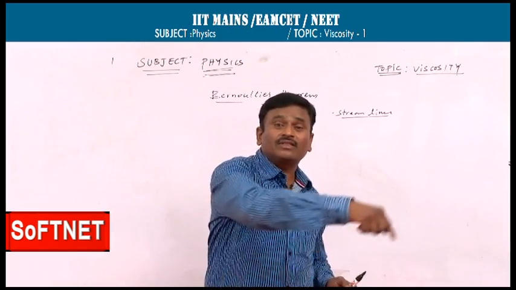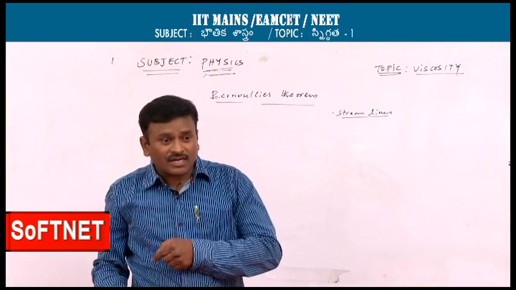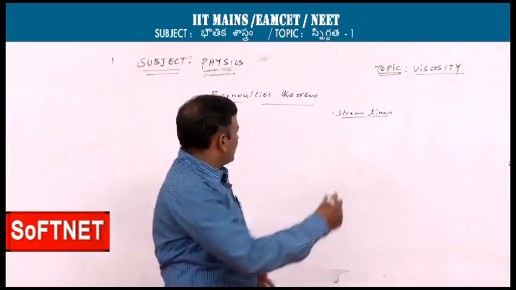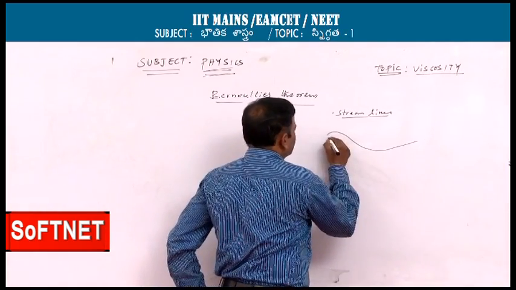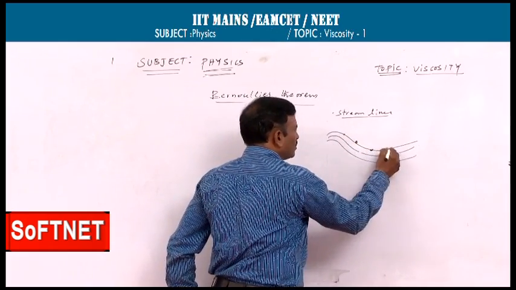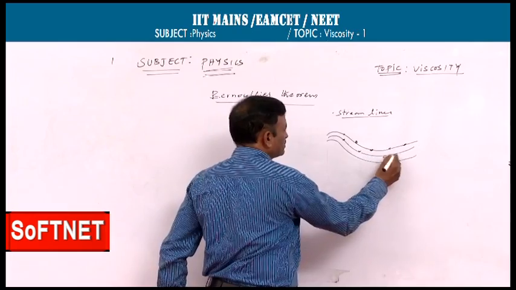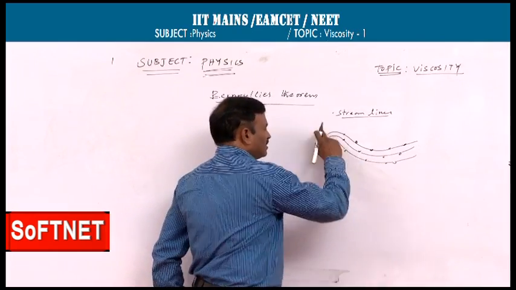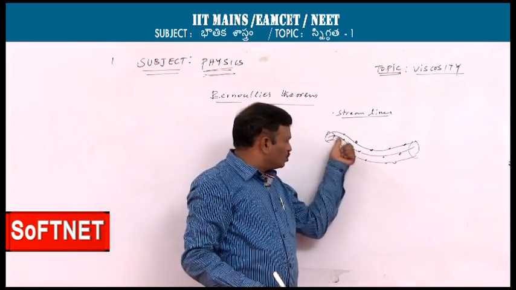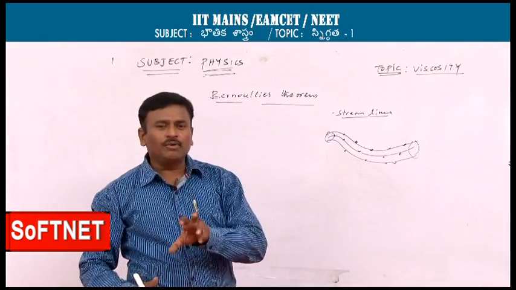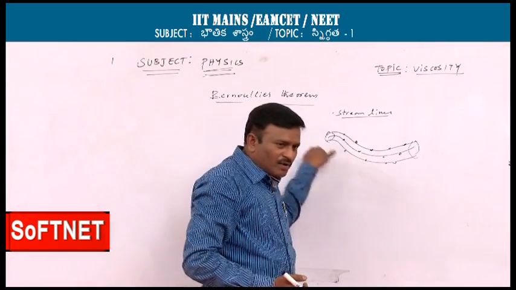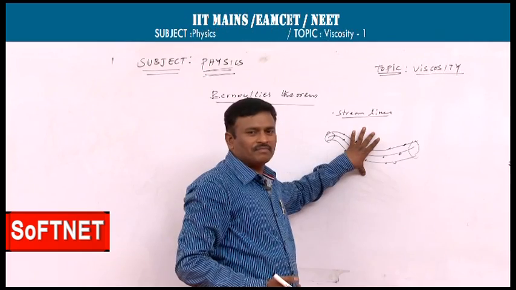If you put 5 boats, you will get 5 different paths. The first particle goes along one streamline, the second particle along another, and so on. A group of streamlines is called a tube of flow. Each is a streamline; a group of streamlines is a tube of flow.